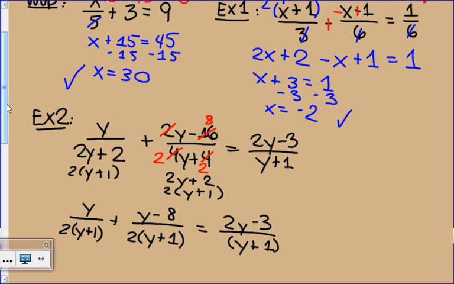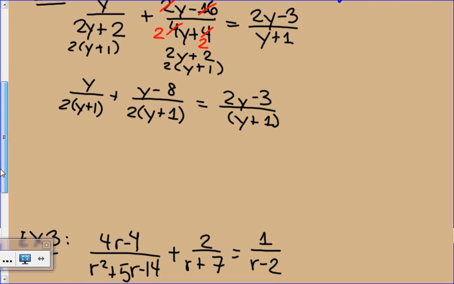This is like me saying, here's 2 times 3, that's 6. So I recognize I needed a 3, but I also needed a 2. So the 2 is very similar to the 2 right here. So all of them need to be multiplied by this 2. And all of them need to be multiplied by the y plus 1.